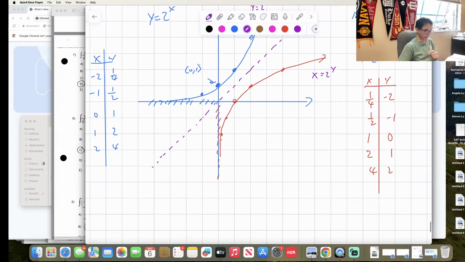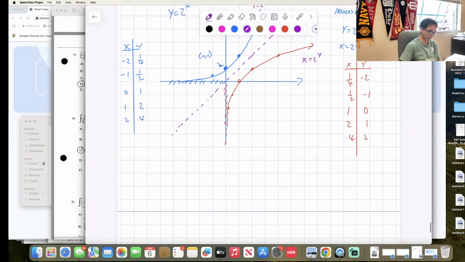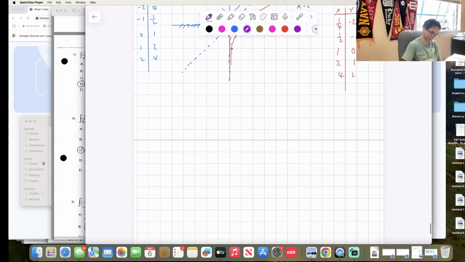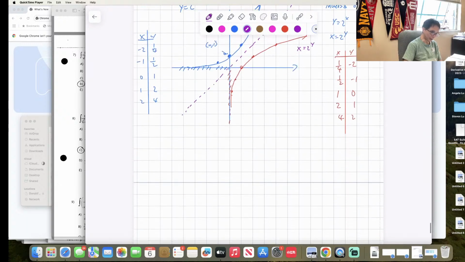Now, we're going to introduce log for the first time. There are a few properties we're going to go over with log. And before we do that, let's just say 2 to the 3rd power is equal to 8. This is called exponential form.